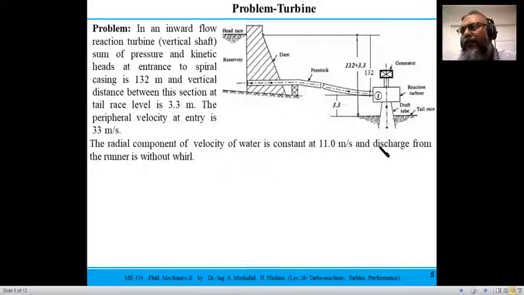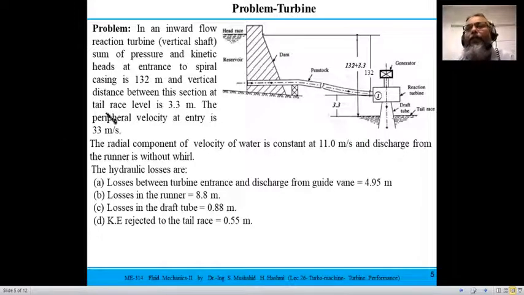And the discharge from the runner is without whirl, which means at the outlet of the runner V theta 2 is 0 because there is no whirl component. So the tangential component is 0, and there is only a radial component at the discharge of the runner.